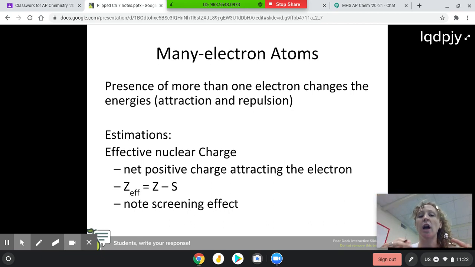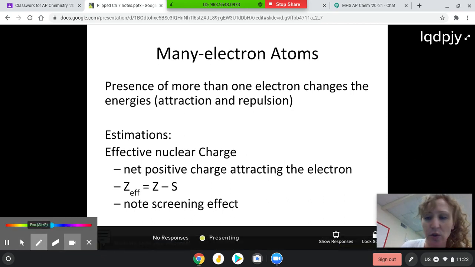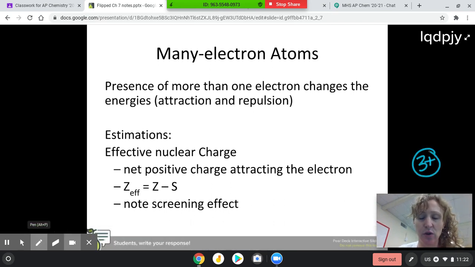So let me walk you through the concept and then we'll apply it when we talk about some of those periodic trends. For example, let's do lithium because lithium's pretty simple. Lithium has a nucleus of 3 plus, right? 3 protons in the nucleus. So its nuclear charge is 3 plus.